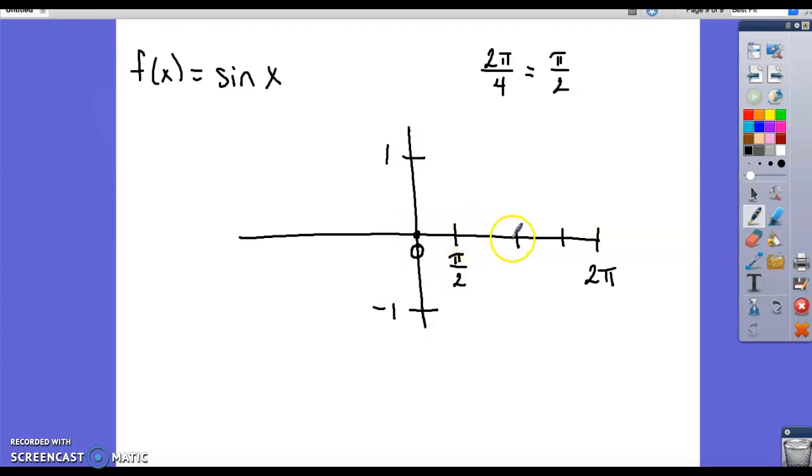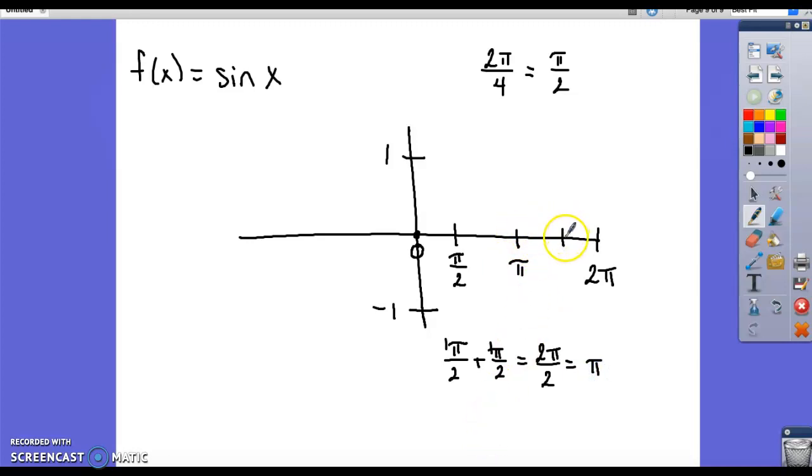Then if I add on another pi over 2, I do pi over 2 plus pi over 2, and you're treating pi just like it's a variable here when you're adding these. So this is essentially like 1/2 plus 1/2. 1 pi over 2 plus 1 pi over 2 is 2 pi over 2, which simplifies to pi.